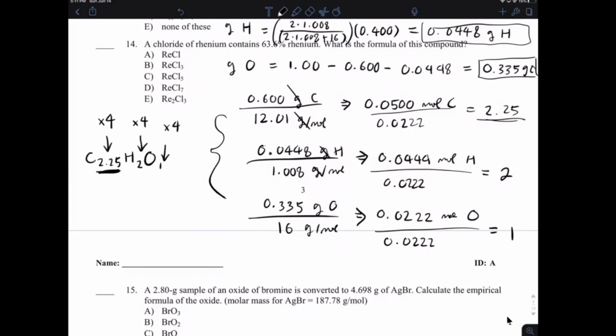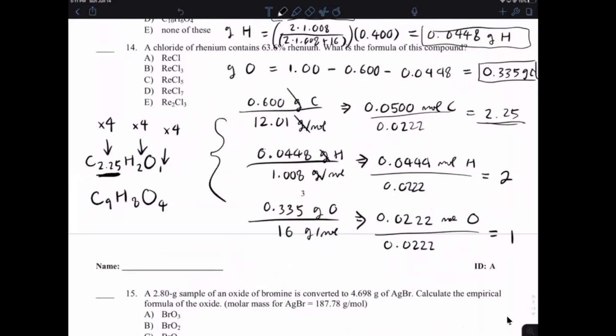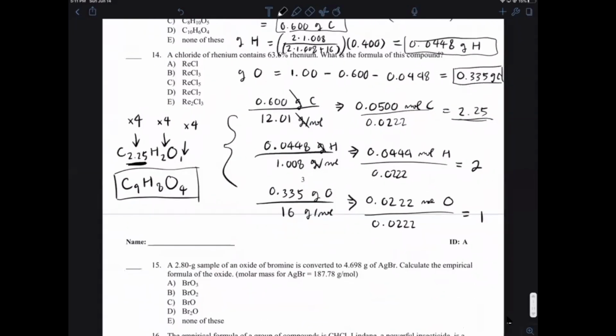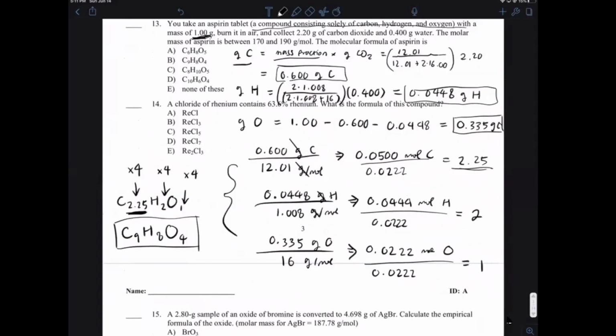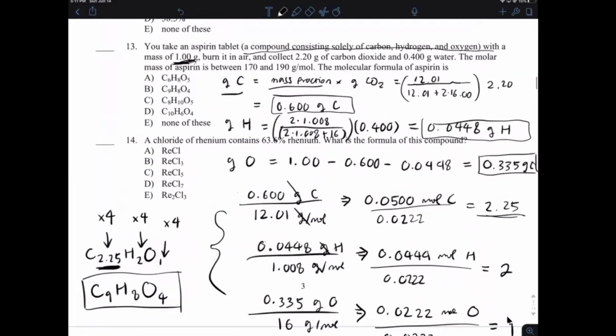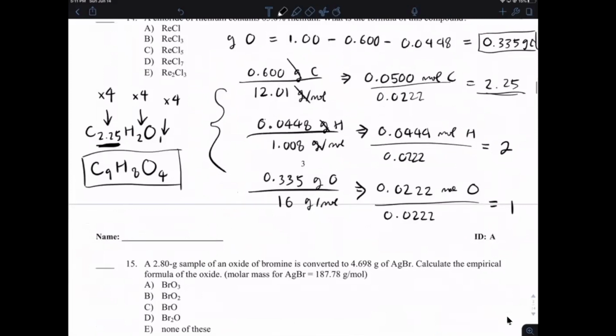And if we do that, we should get C9H8O4. And so this is going to be our molecular, or not our molecular formula, it's going to be our empirical formula. But since it tells us that the molar mass is between 170 and 190, if we calculate the molar mass of this, it should be around that.